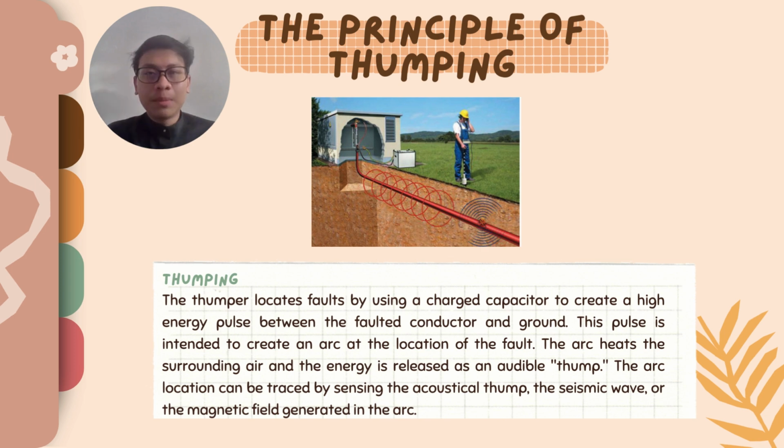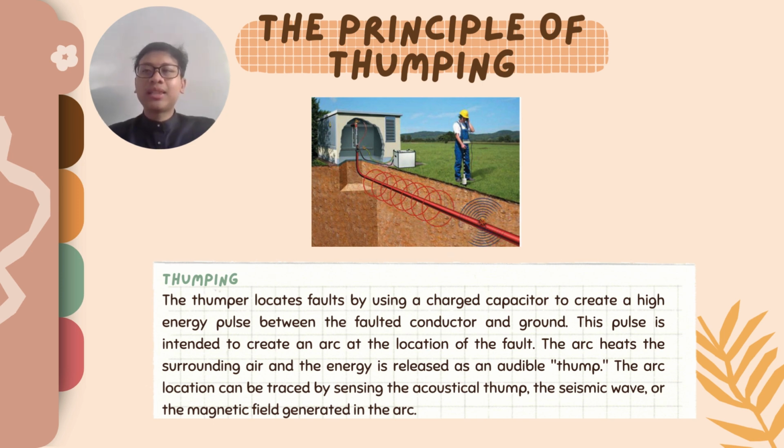So for the principle of thumping, the thumper locates the fault by using a charged capacitor to create a high energy pulse between the faulted conductor and ground. This pulse is intended to create an arc at the location of the fault. The arc hits the surrounding air and the energy is released as an audible thump. The arc location can be traced by sensing the acoustical thump, the seismic wave, or the magnetic field generated in the arc.